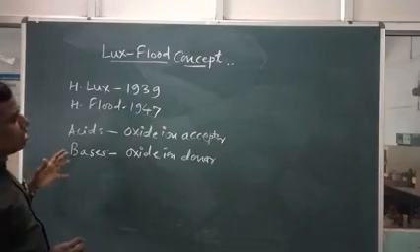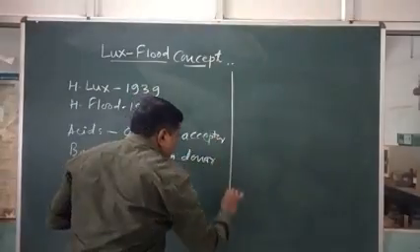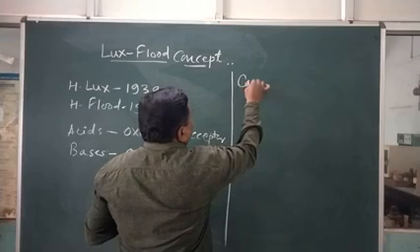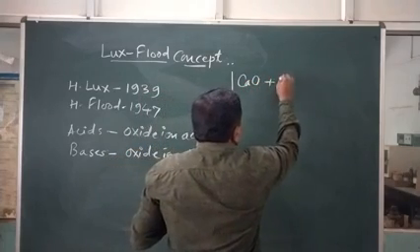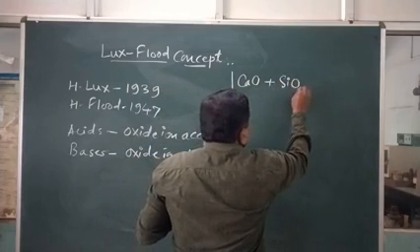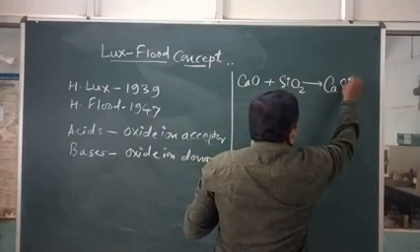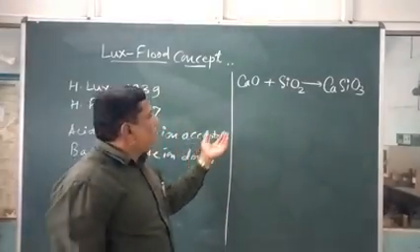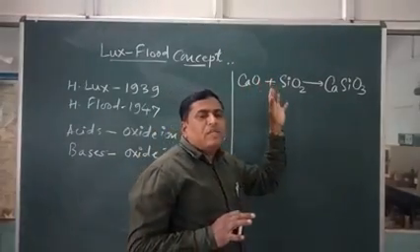Now this idea can be explained as follows. Suppose we have calcium oxide. This can combine with SiO2 to form CaSiO3. This is the reaction. Among these, one is the acid substance and the other is the base substance.